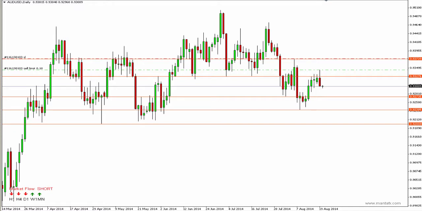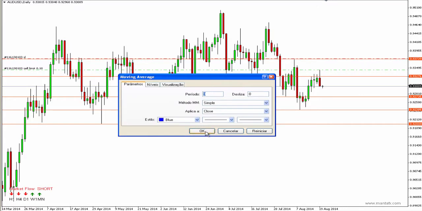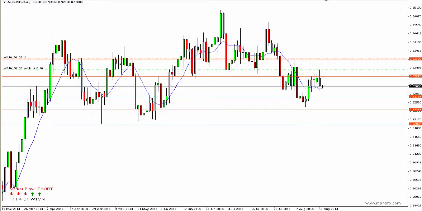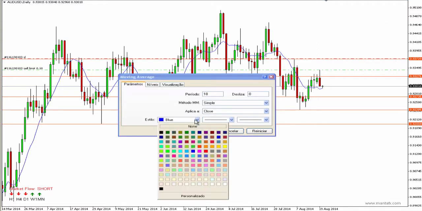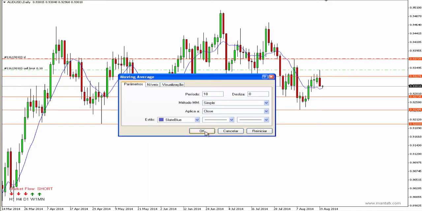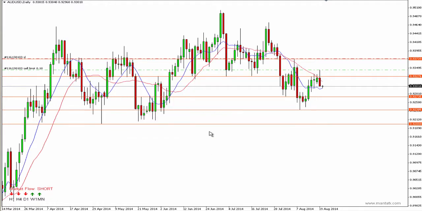So lower pricing. Just for the sake of it, we're going to throw in the moving averages, so we can have an even better idea of the whole rationale and logic behind it. As you can see, the moving averages also confirmed that a down move was to be expected.